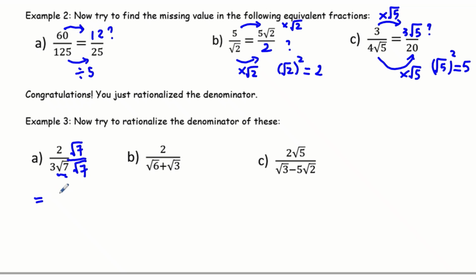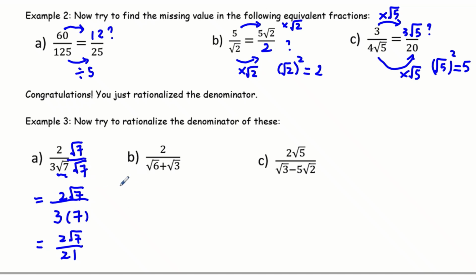Then we have 2 square root 7, the denominator is 3 times square root 7 squared, which will give you 7. So you will have 2 square root 7 over 21. Congratulations, you just finished the first rationalizing of a radical number denominator.